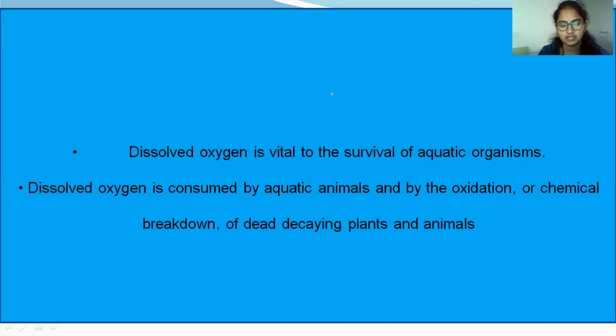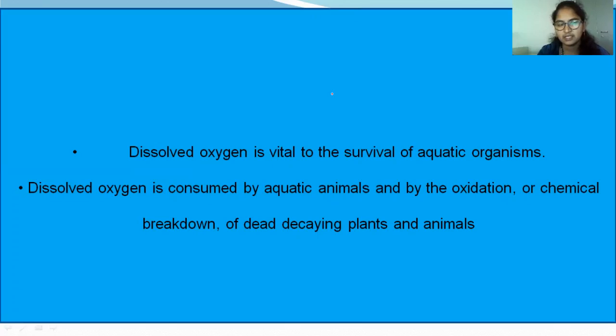This method uses the Azide modification of the Winkler method with a colorimetric determination of the yellow iodine produced from the reaction with the dissolved oxygen.